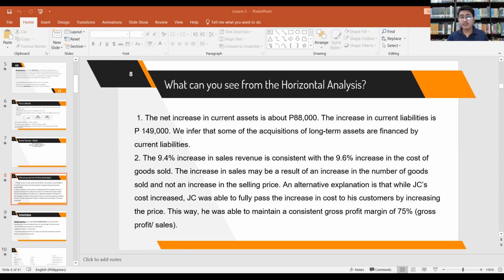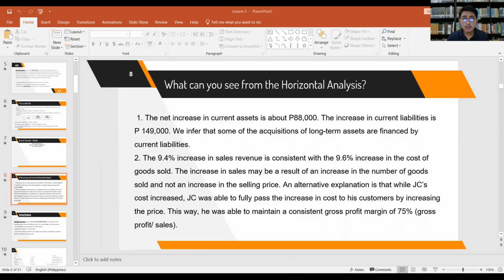So, of course, after natin siya malagyan ng sagot, we need to explain it. Okay, for number 1, what can you see from the horizontal analysis? Yung kanina po sa PowerPoint presentation natin, babalik na tayo. So dito, the net increase in current assets is about 88%.